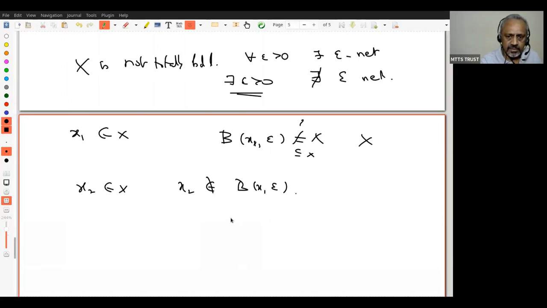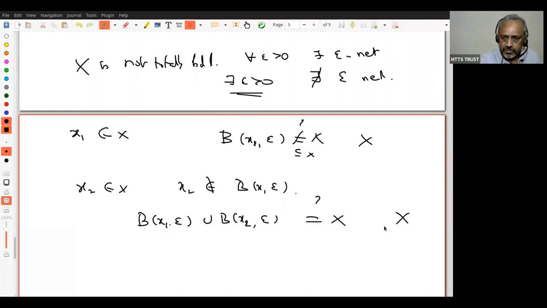Very good. Now let's look at the union B(x1, epsilon) union B(x2, epsilon). Can it be equal to X? Again, it cannot, because I would have an epsilon net consisting of only 2 points, x1 and x2. Therefore, this is also not true.